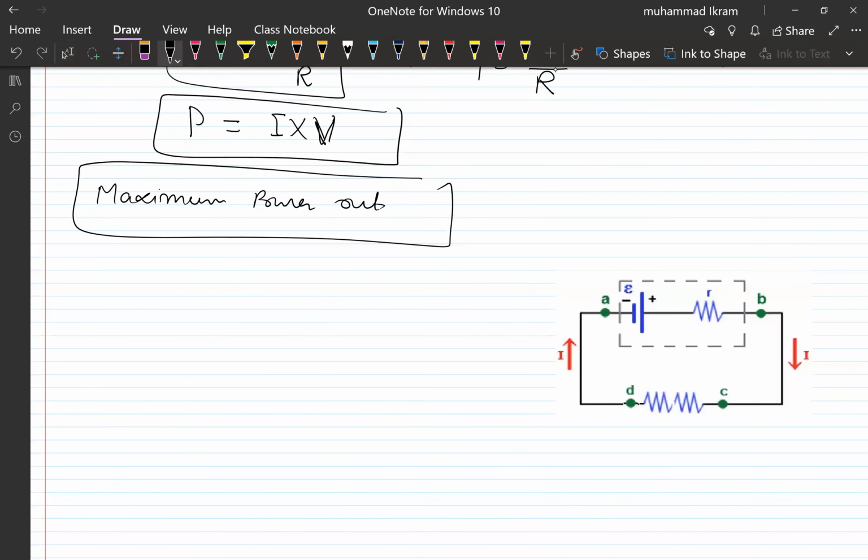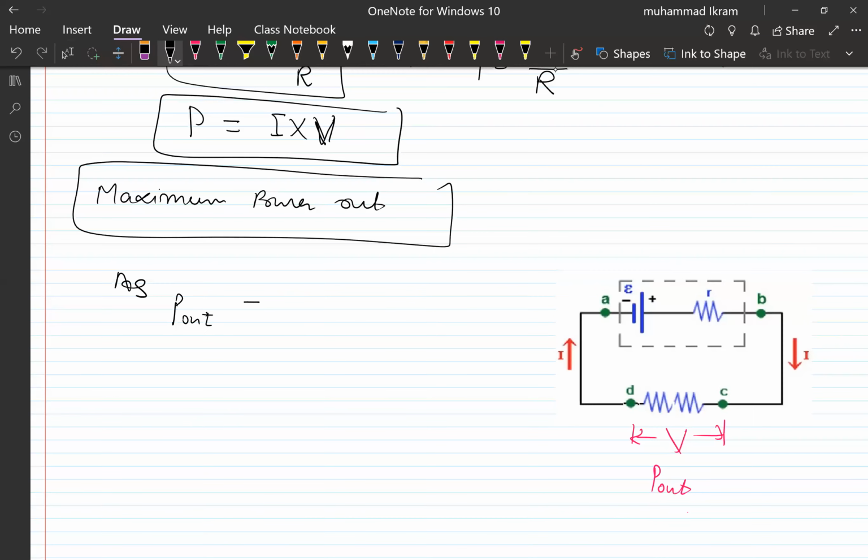So let us do this for the maximum power out. I told you a few moments before that our terminal potential difference will be V, and this will be our electromotive force, and we want to know how much maximum power we can get here.